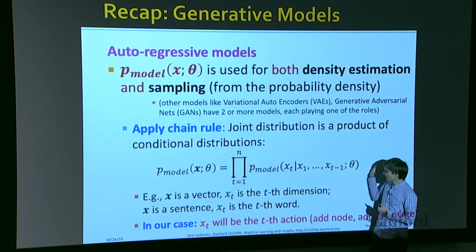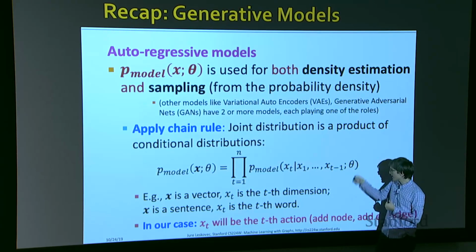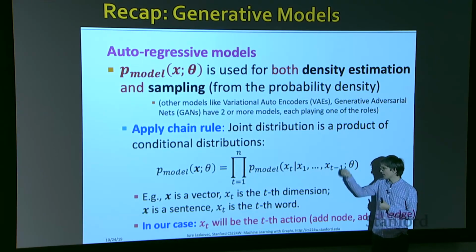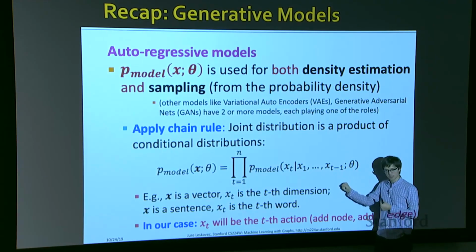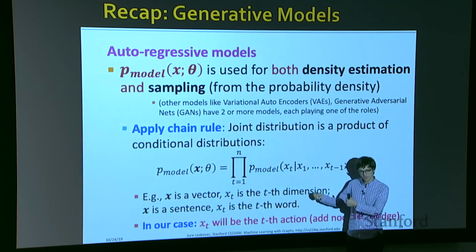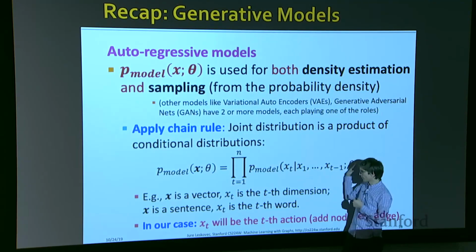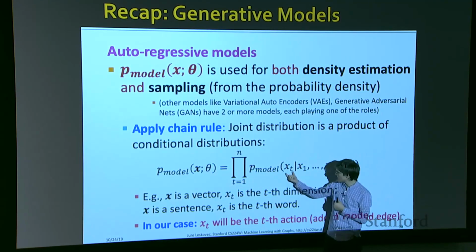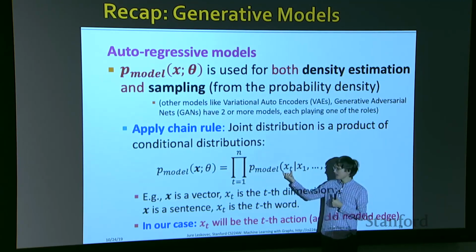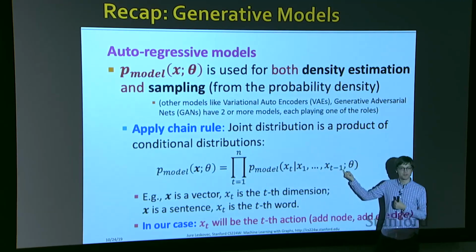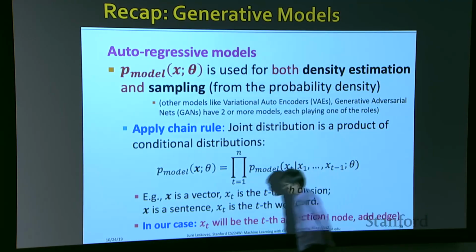So first is the probability of the first action times the probability of the second action given the first one, and then given the first 2, the first 3, the first 4, and so on and so forth. Essentially what I'm saying is every next action depends on all the previous ones.